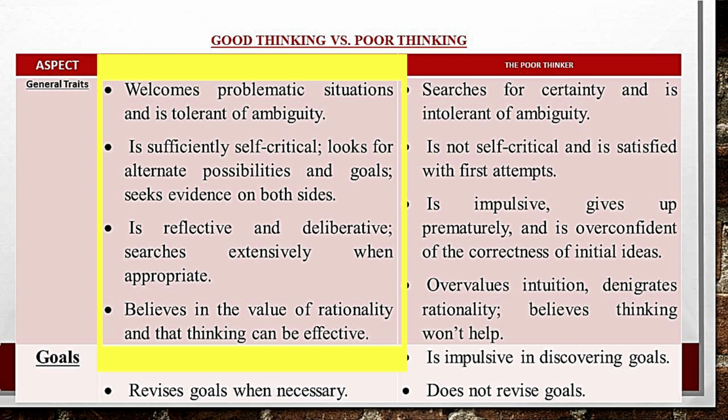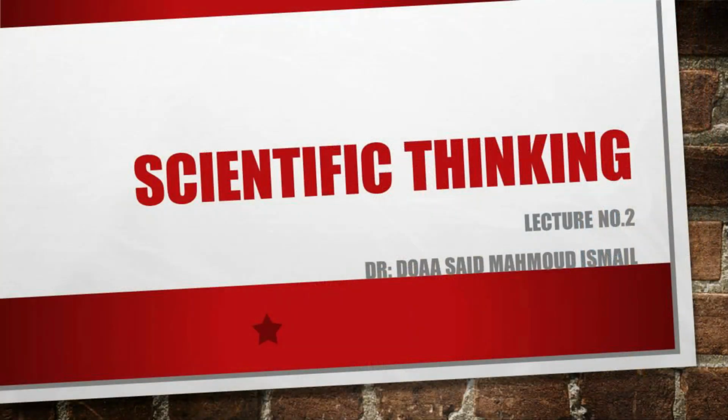Till now, we know the good thinker: number 1, welcomes problematic situations. Number 2, is tolerant of ambiguity. Number 3, is self-critical. Number 4, searches for alternative possibilities and goals. Also, seeks evidence on both sides.